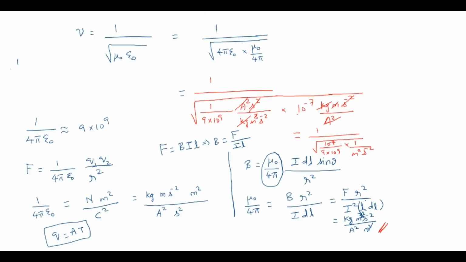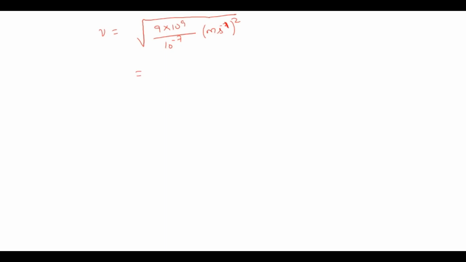Taking the root, root of 9 is 3, and 10 power 9 times 10 power 7 is 10 power 16, whose root is 10 power 8 meter per second. Therefore v is equal to 3 into 10 power 8 meter per second. So this is nothing but C, the speed of light.